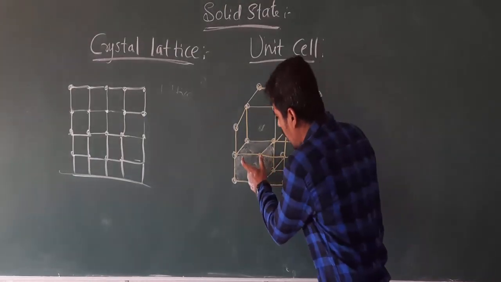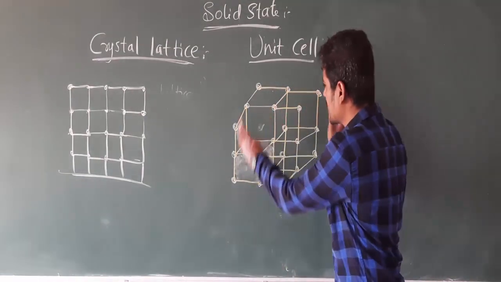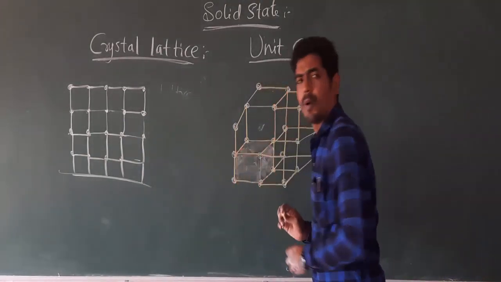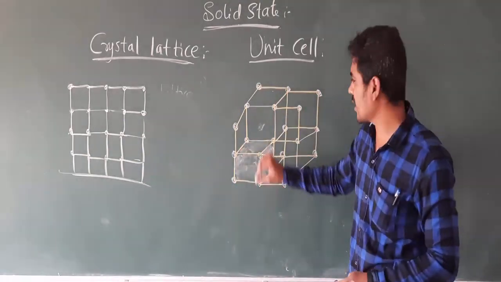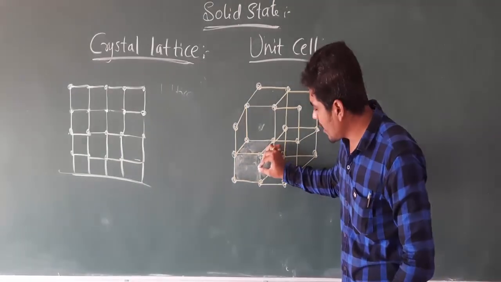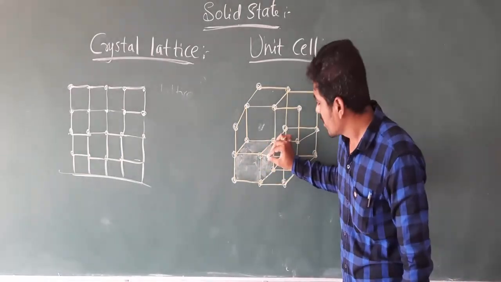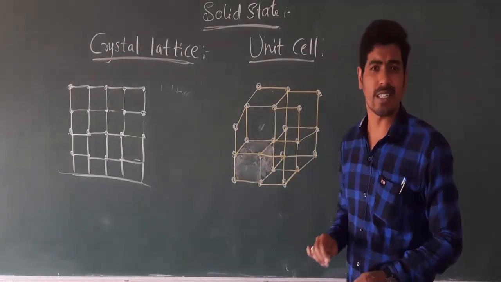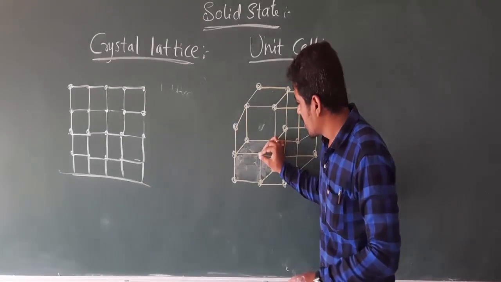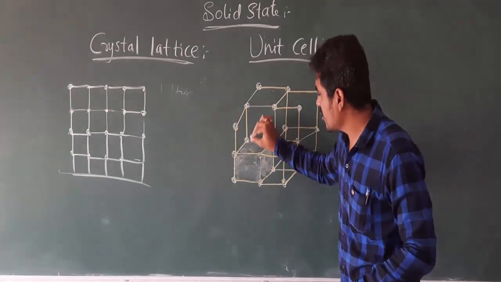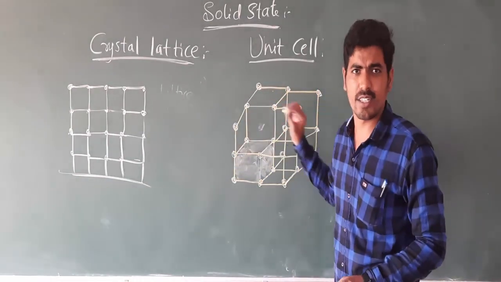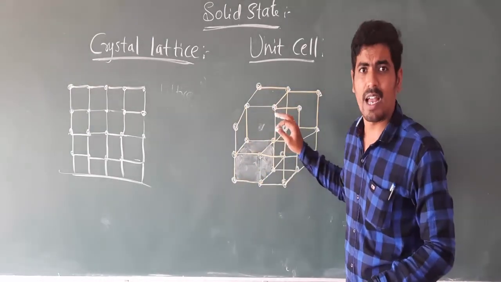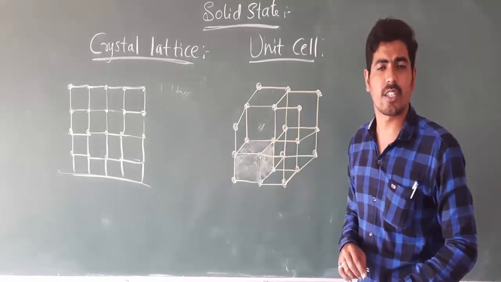And the smallest portion, I will leave this whole crystal. I will simply consider one cube of this crystal. There are a number of cubes, and now I have only considered the cube, which is the smallest portion of this crystal lattice. If I join these cubes in all directions, then it will form a big crystal having a cubic structure only.